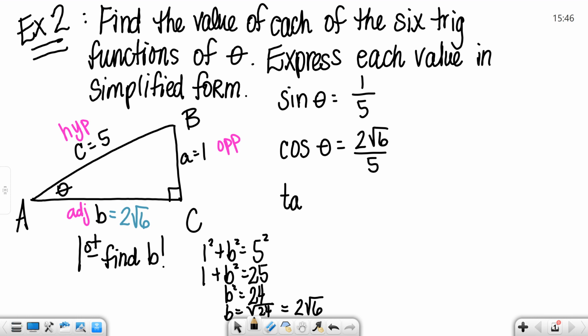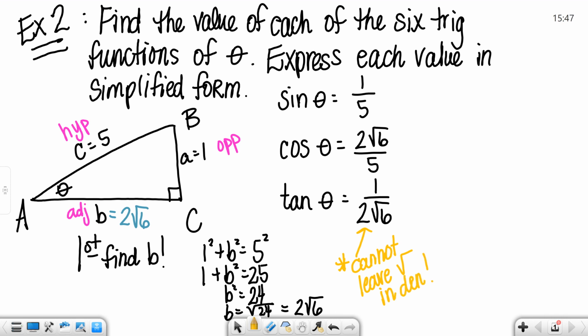Tangent of theta is opposite over adjacent. Slight problem here. Now this is where simplified form comes into play. You cannot leave a square root in the denominator. I'm not sure if you remember how to get rid of the square root in the denominator, but it's called rationalizing.